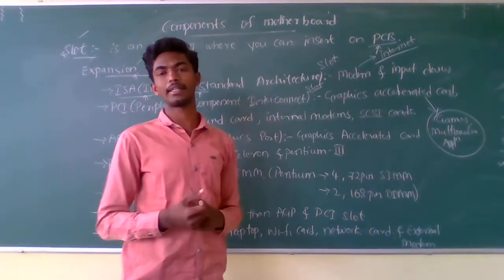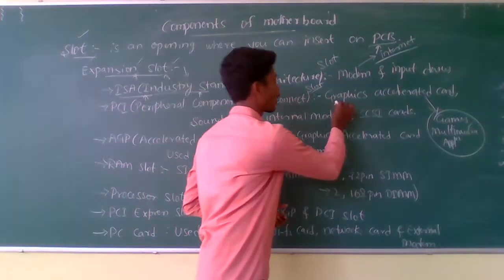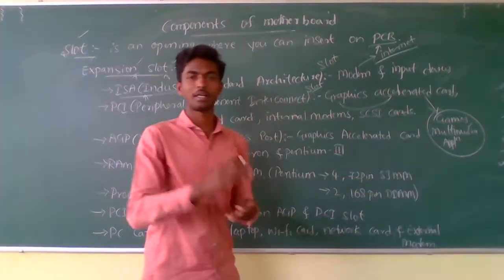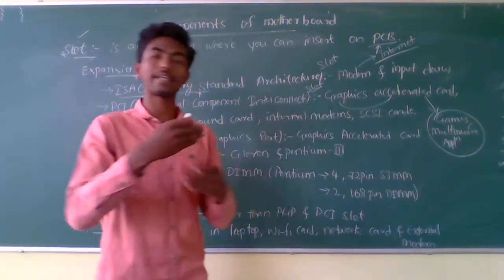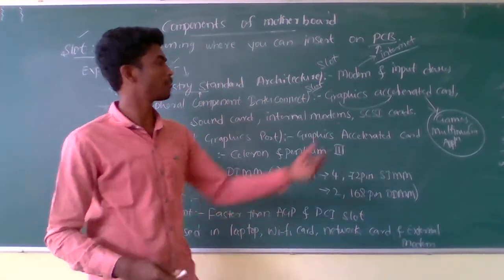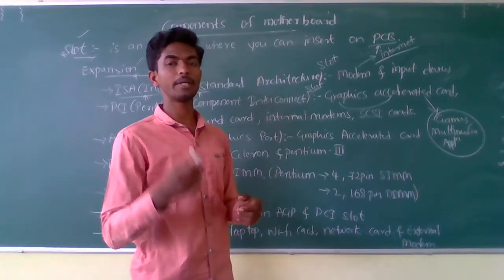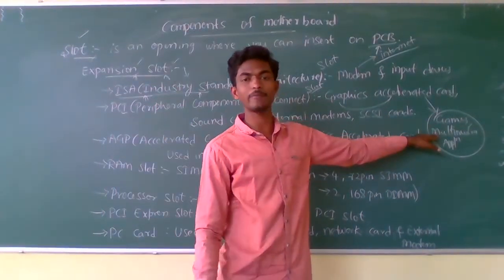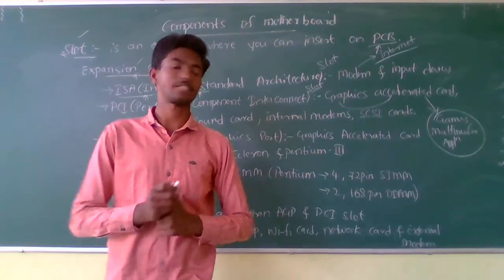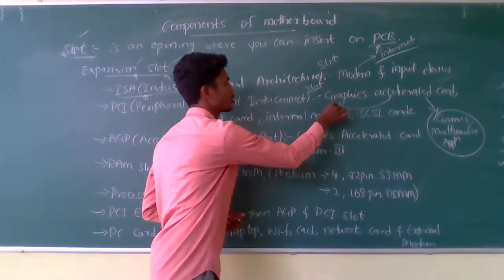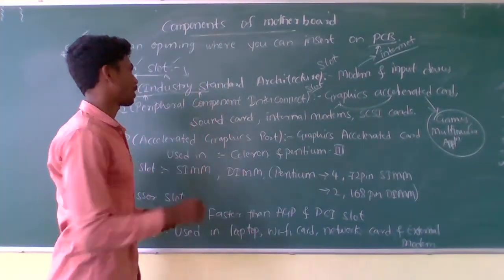As the name says, graphics acceleration accelerates the graphics capacity of a computer, which is mainly used for games and multimedia applications, and it is inserted using the PCI slot on a motherboard.